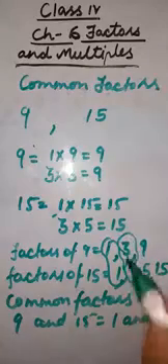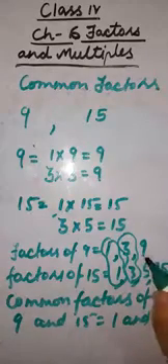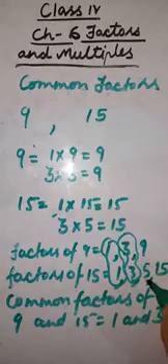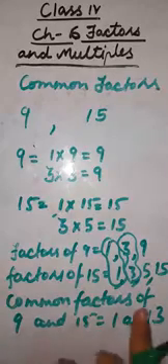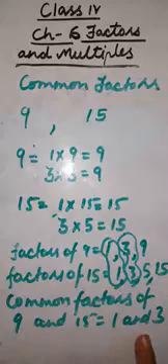So 3 also. And here 9, in the next we don't have 9. And here 5 and 15. So common factors of 9 and 15 is equal to 1 and 3.